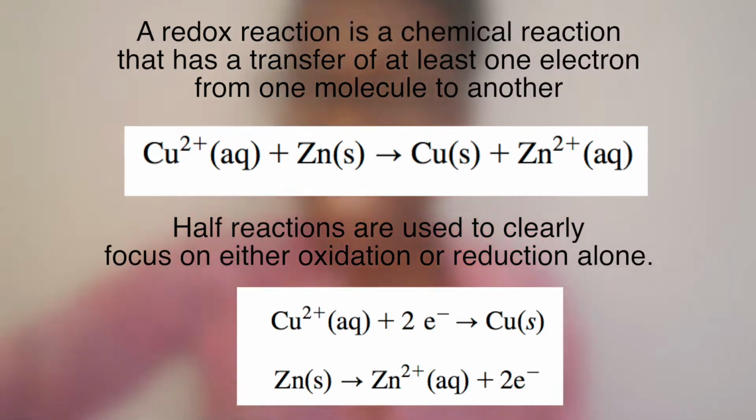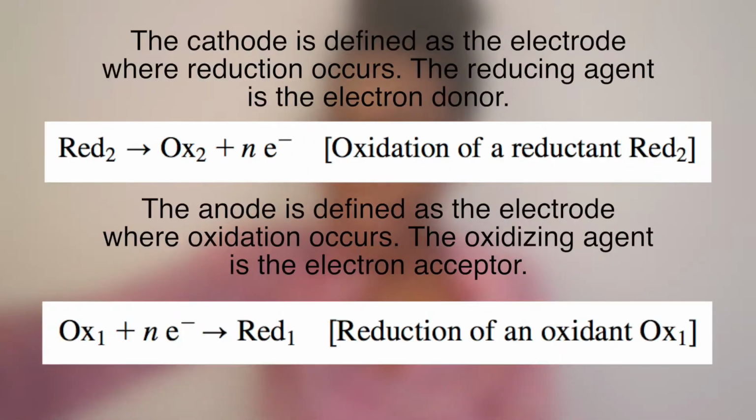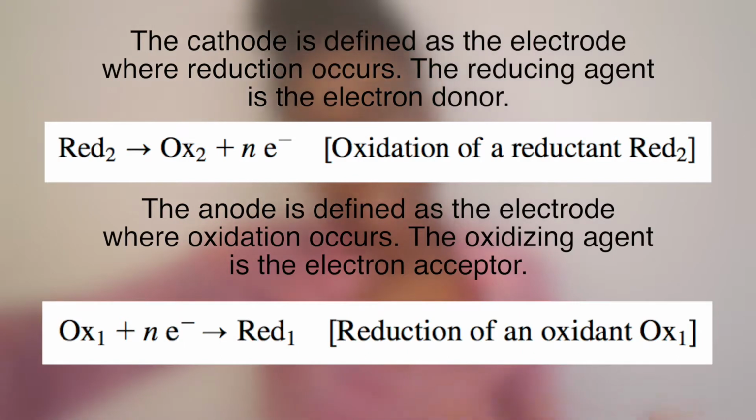Substances that are capable of removing electrons are said to be oxidative or oxidizing and are called oxidants, while substances that are capable of transferring electrons are said to be reductive or reducing and are also called reductants or reducers. Usually, a galvanic cell or voltaic cell is a type of electrochemical cell where redox reactions take place.